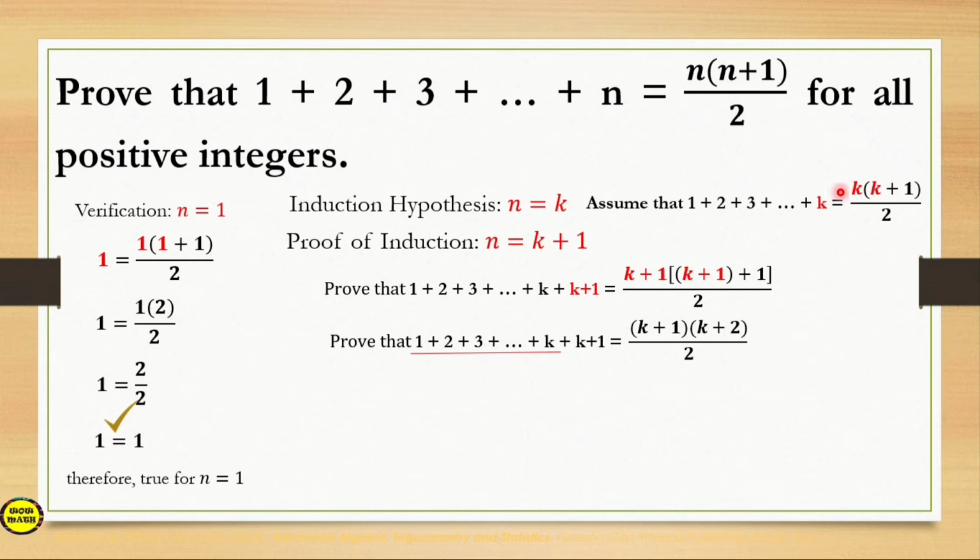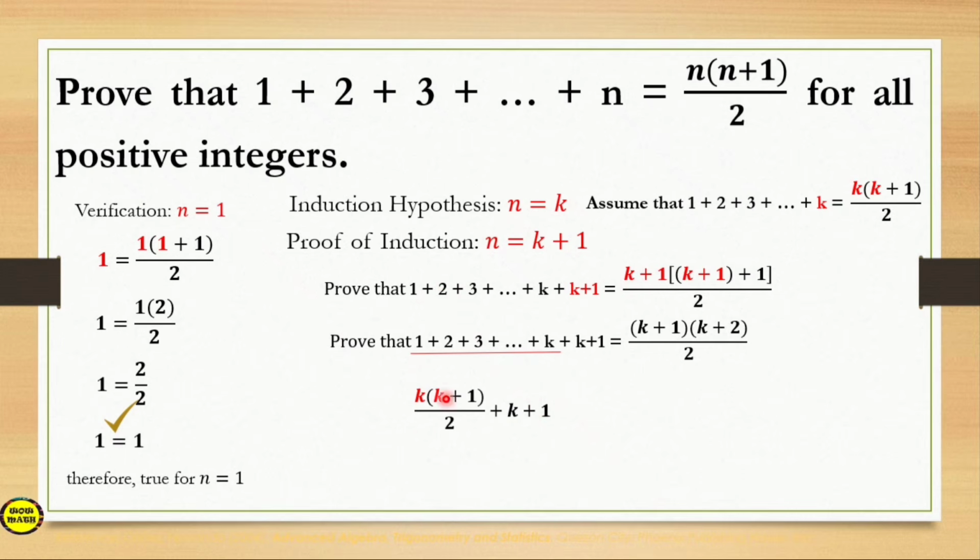So kukunin natin ito, and then idadagdag natin yung k plus 1. Okay? So yung focus muna natin ngayon ay nasa left side. Kailangan mag-equal siya dito para masabi natin na true yung statement for k plus 1.